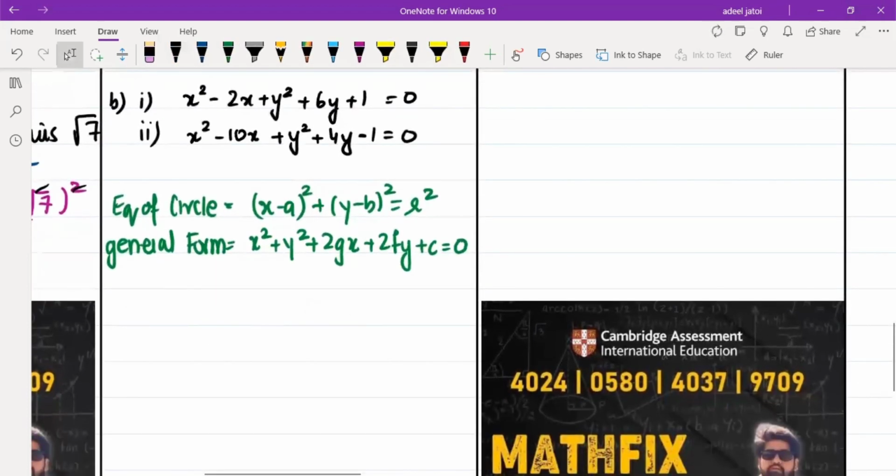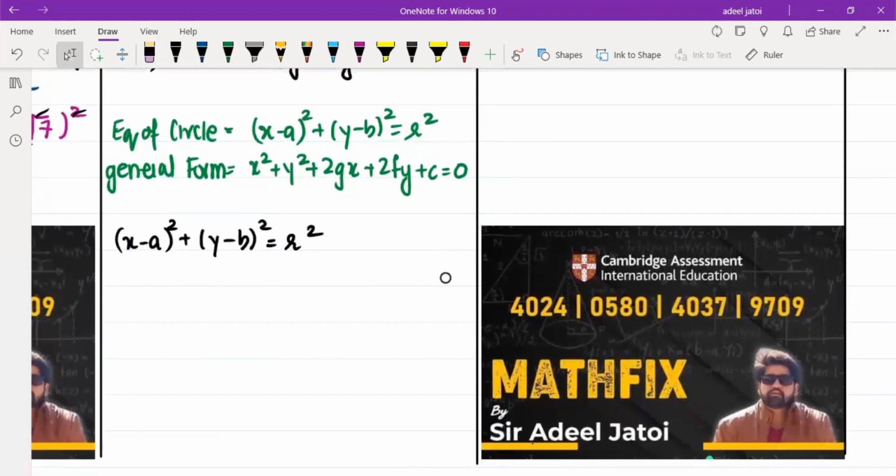Now, how do you get your general form? That will be x minus a whole square plus y minus b whole square is equal to r square. Now, this can be opened up as x square minus 2ax plus a square plus y square minus 2yb plus b square is equal to r square.